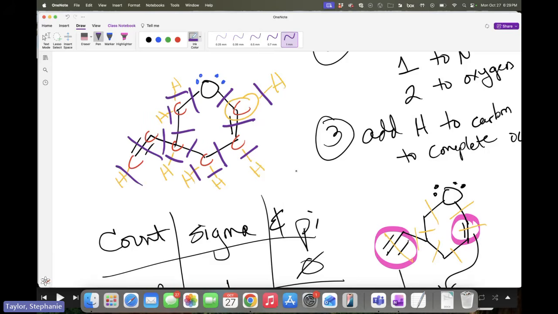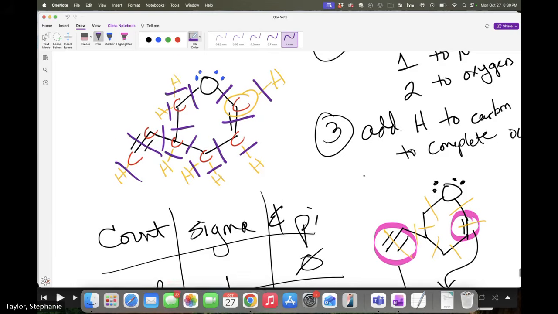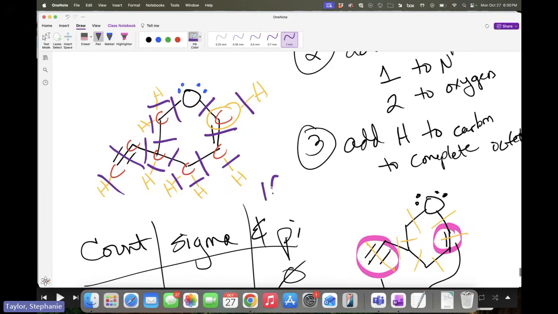This actually has 16 sigma bonds because of all the hydrogens. So 16 sigma bonds is correct. I hope. I'm going to look back at my work real quick. It looks good. So usually if the number of sigma bonds is a multiple choice question, I don't know how many will give you. I don't know if the biggest number is the best one or not.